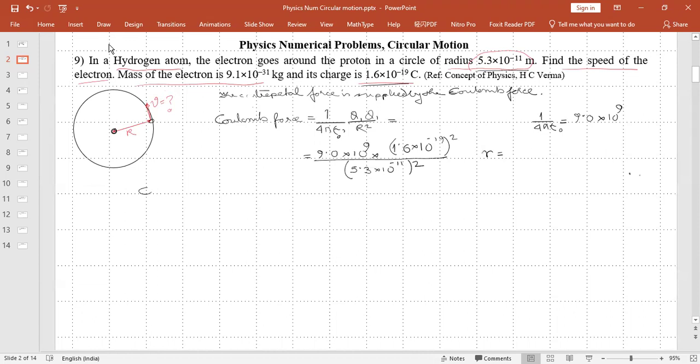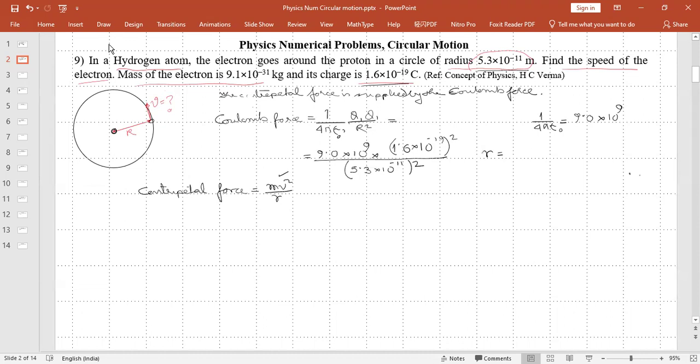And centripetal force is equal to mv square by R. This V is the velocity that they want us to know.